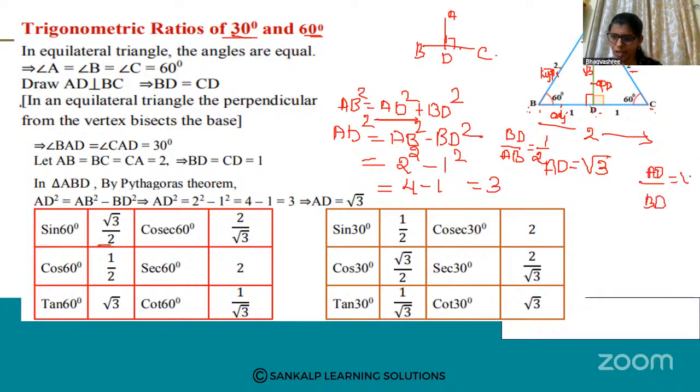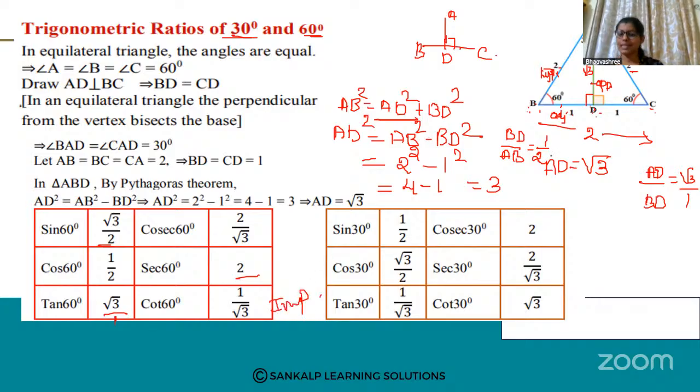AD is root 3 divided by 1, that's equal to root 3. Cosec 60 degree is the reverse, 2 by root 3. Sec 60 is 2 by 1, that's equal to 2. Cot 60 degree is 1 by root 3. Remember, this is a very, very important chapter.